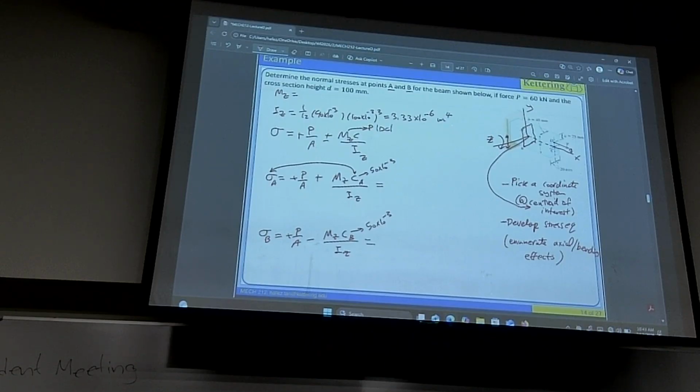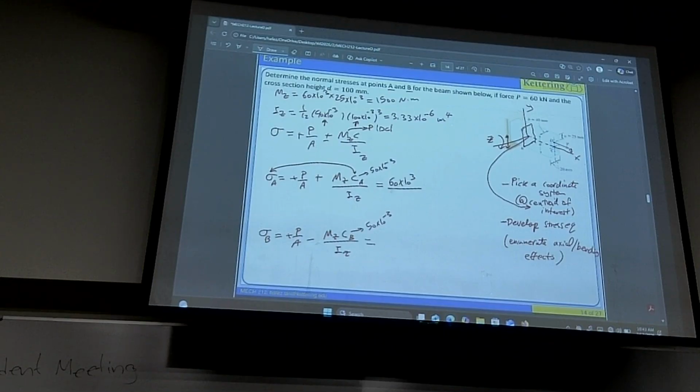Now we have everything. Let's plug in values. 60 kilo, 10 to the 3. Area is base times height, and we don't have to look them up again. It's these values. And MZ, let me put that in here, 60 times 10 to the 3, and then D is 25 millimeters. So this is 1500.